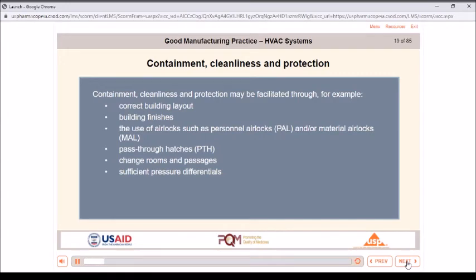Containment, cleanliness, and protection may be facilitated through, for example, correct building layout, building finishes, the use of airlocks such as personnel airlocks, PAL, and/or material airlocks, MAL, pass-through hatches, PTH, change rooms and passages, and sufficient pressure differentials.